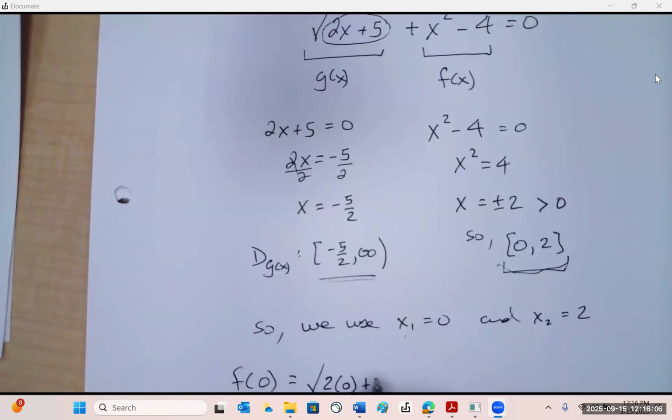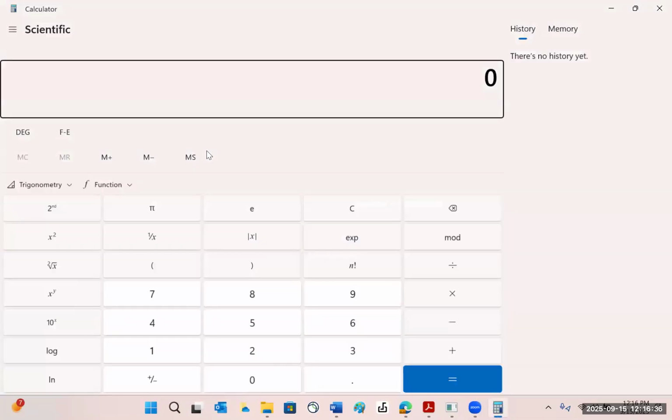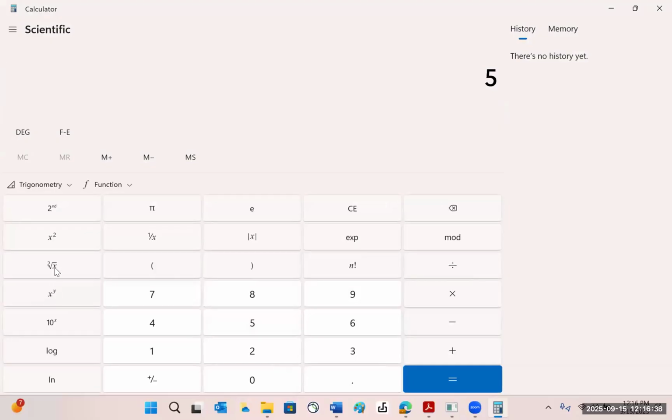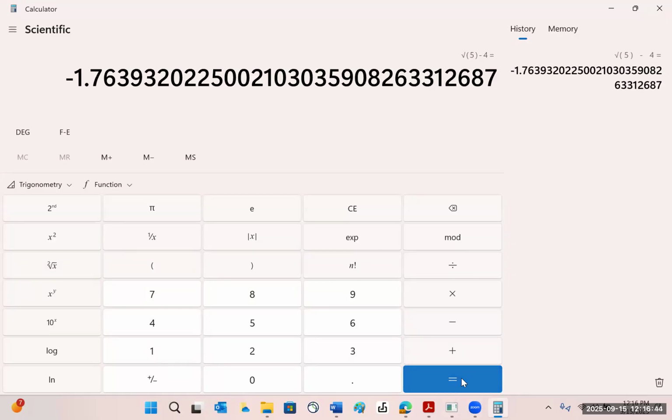Two times 0 plus 5, plus 0 squared minus 4. So we have the square root of 5 minus 4, which is negative 1.76.